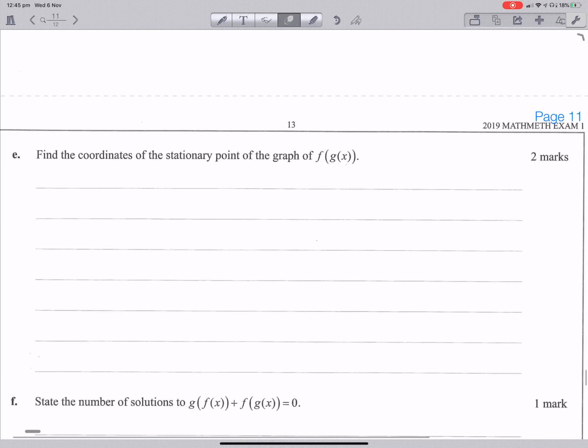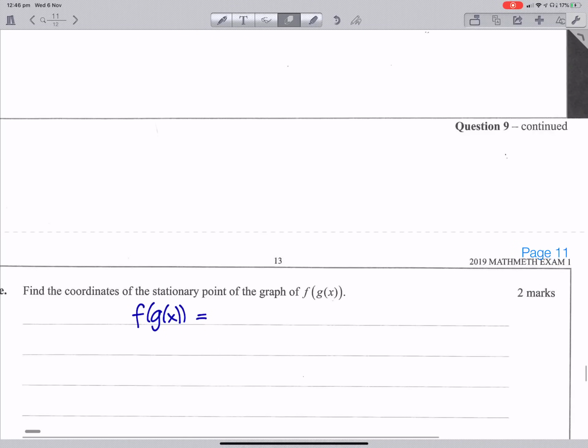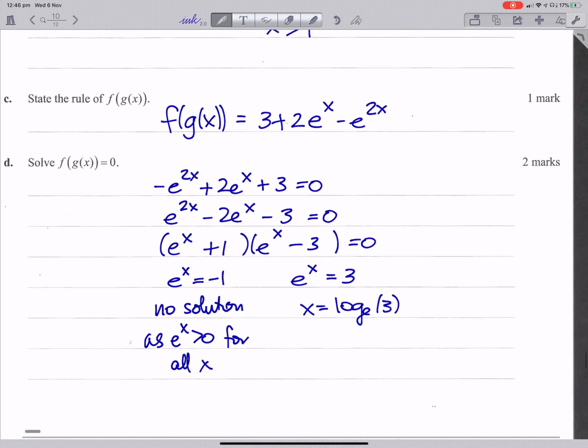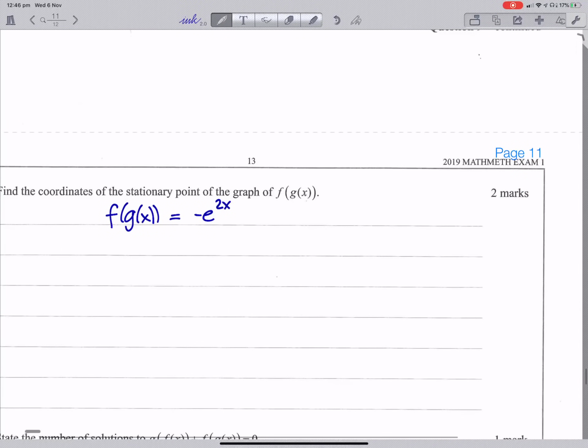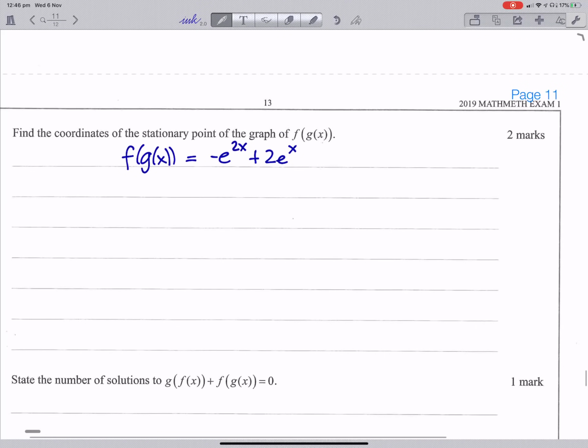So f of g of x is equal to negative e to the 2x plus 2e to the x plus 3. Sorry for the scrolling, but I kind of have to do it.